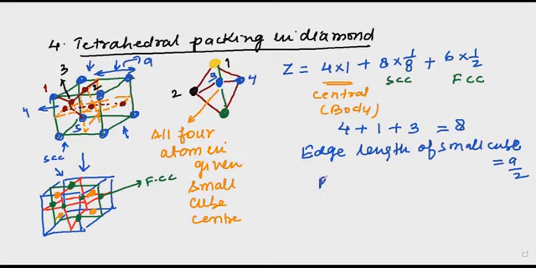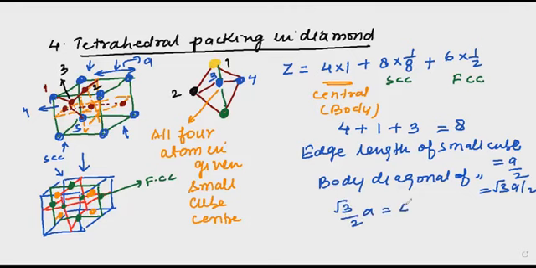And the body diagonal of a smaller cube is √3 A by 2. Clear? So the relation of radii with that one is √3 by 2 A is equal to 4R, so that R is equal to root 3 by 8 A.